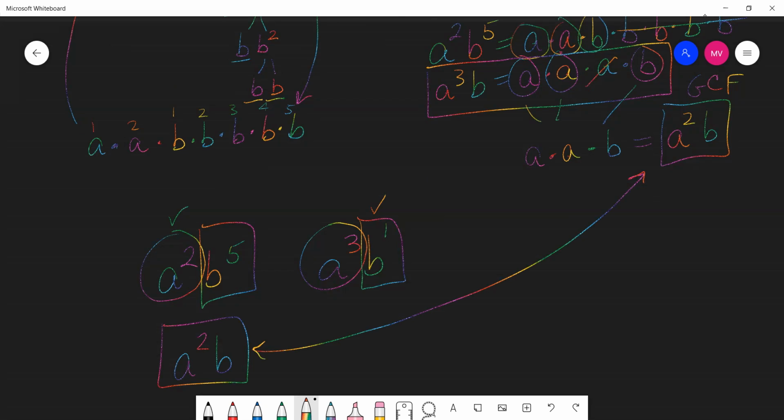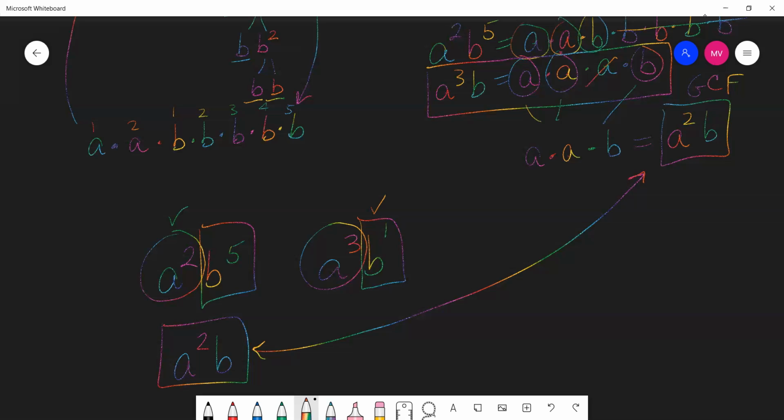So that's why when I worked with the variables in class yesterday, I didn't do the whole prime factorization of the variables. I just took apart all of those variables to each of their exponents. I broke them up, like a squared was a times a, and I put them at the bottom where we compared our prime factorizations. But essentially, you can do what I just did: look at all your a's, and whichever one has the lowest exponent, that's your greatest common factor of that variable.